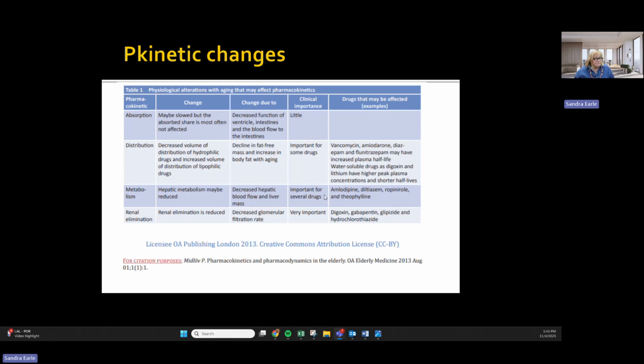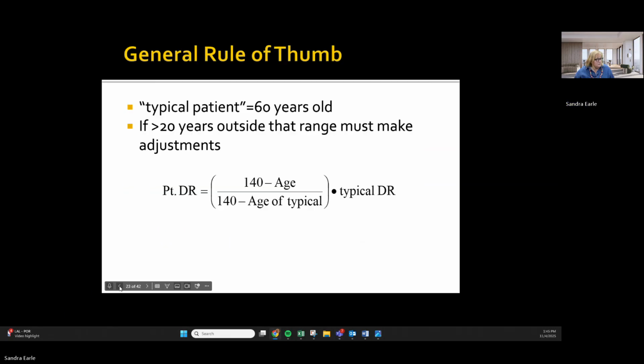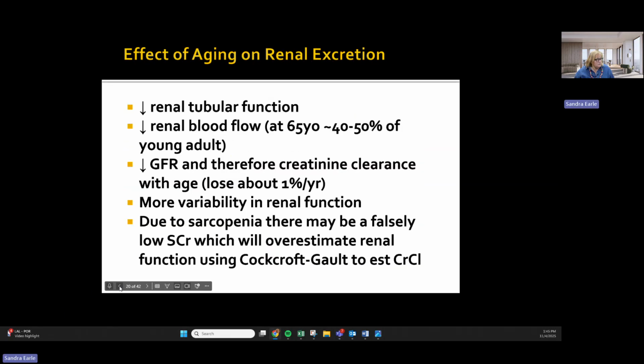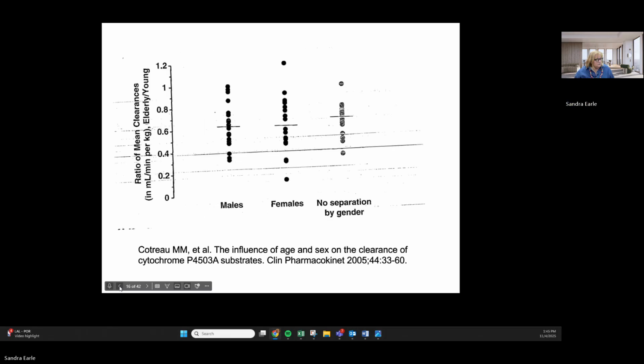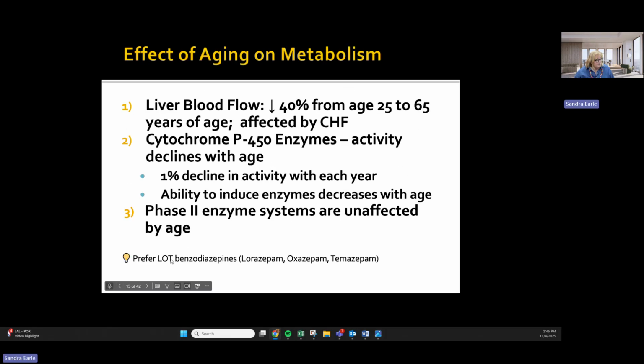So, for example, we talked about, I don't think we prefer these, lorazepam, oxazepam, and temazepam for benzodiazepines because these are metabolized by phase 2 enzyme systems, which are unaffected by age, and there's no active metabolites.